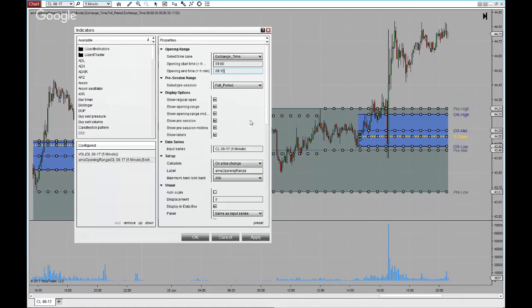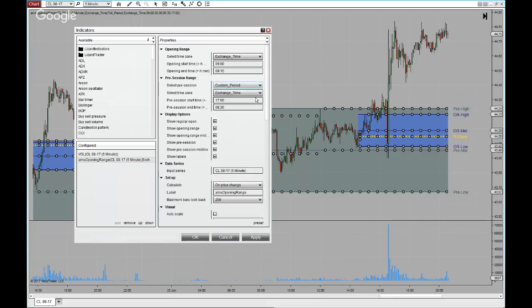Another thing you can play around with is also a custom period for the pre-session. So if I want to reference the European session, I need to put in the times for that here.